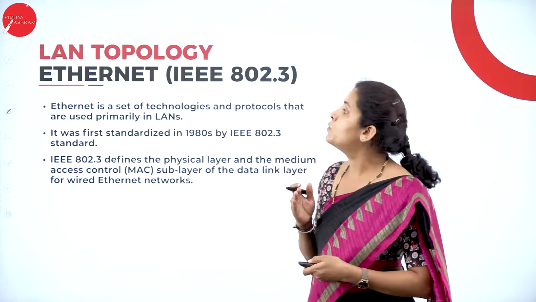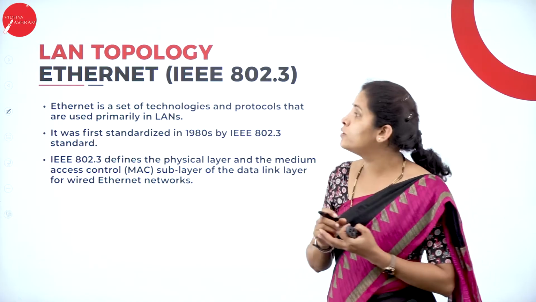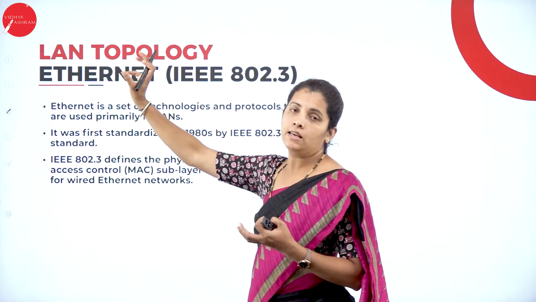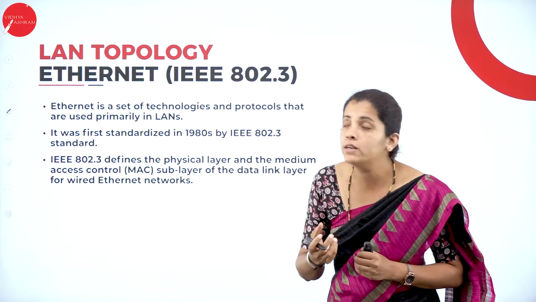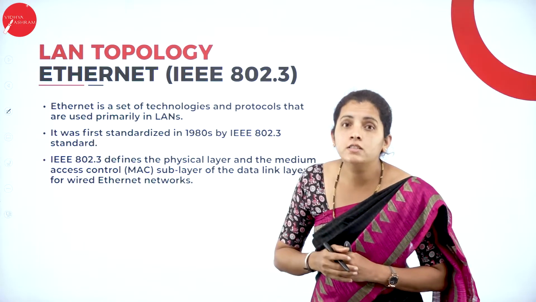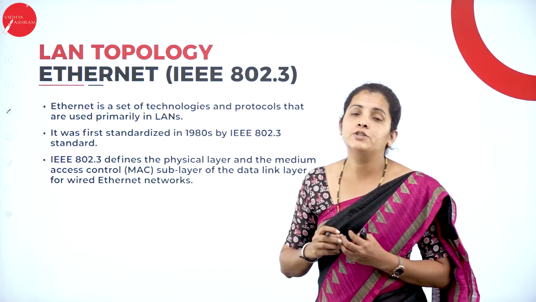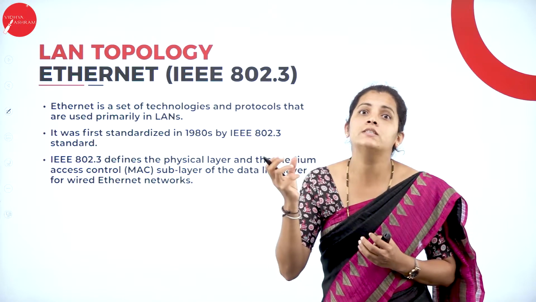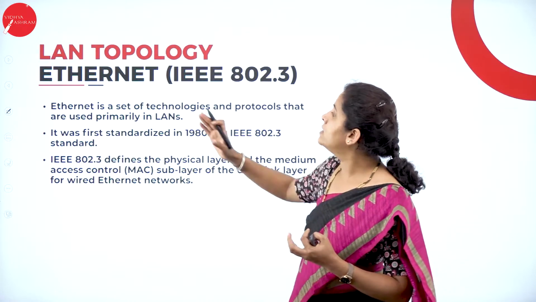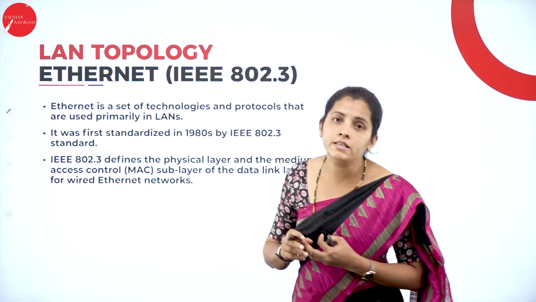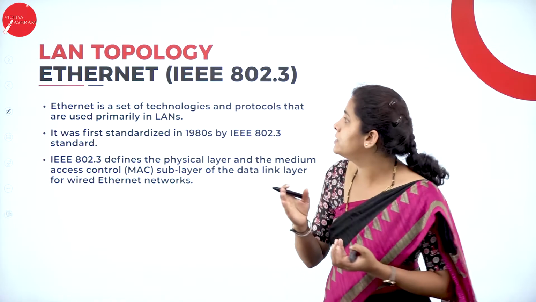Moving further, we have LAN topology. So what is LAN topology? LAN is nothing but local area network. Topology is a geometrical or physical representation of the devices which are connected through a network.